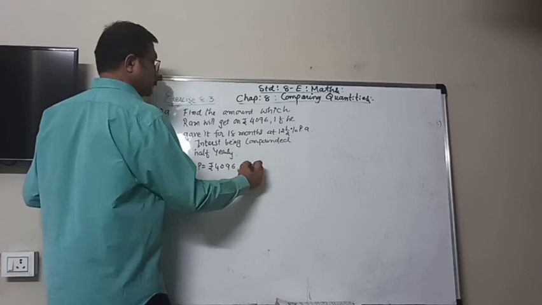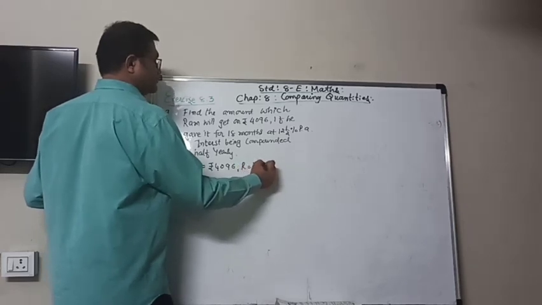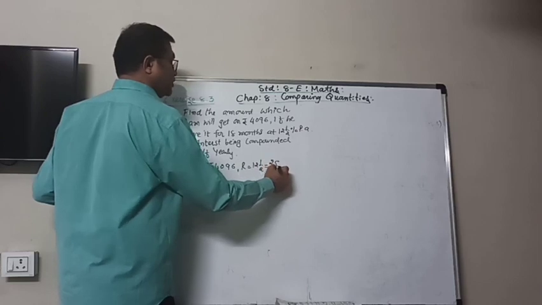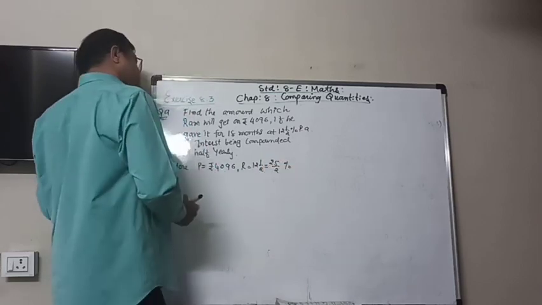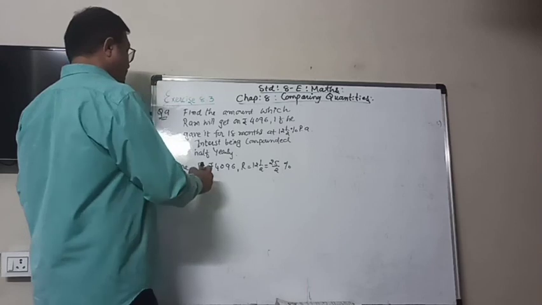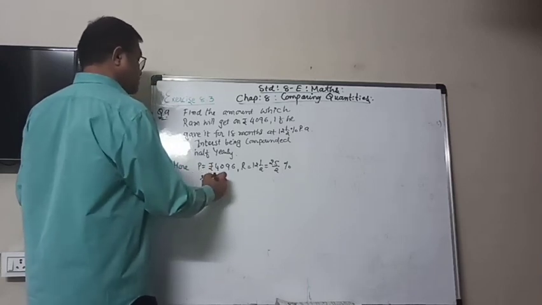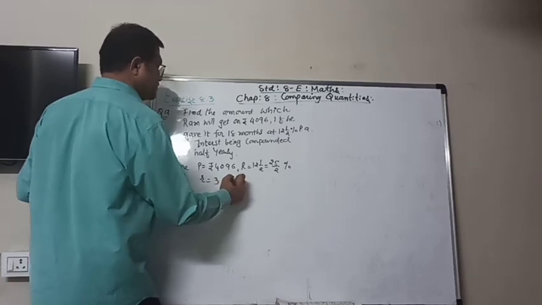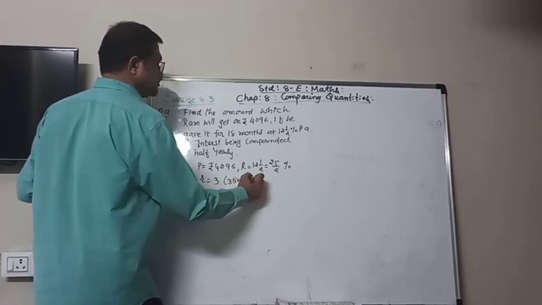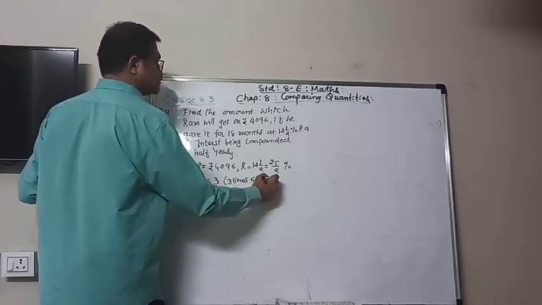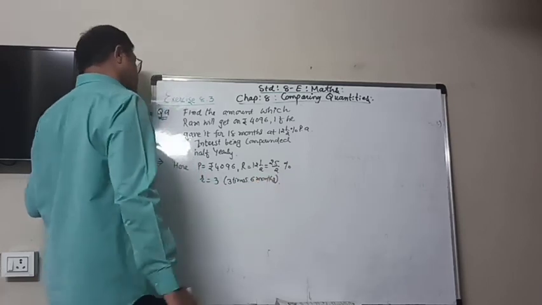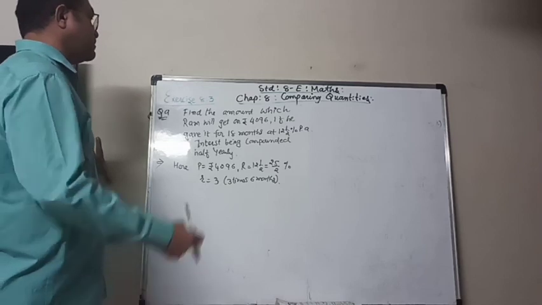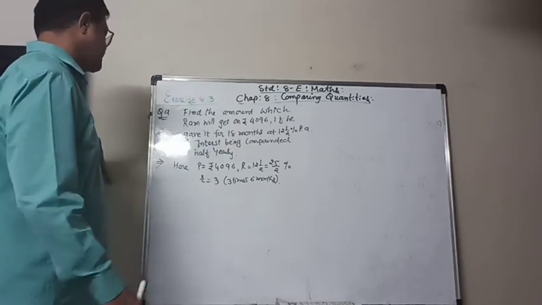Now the rate 12.5, that is 25 upon 2%. And n is equal to here 3, because 3 times 6 months will be there. 18 months means 3 times 6 months.